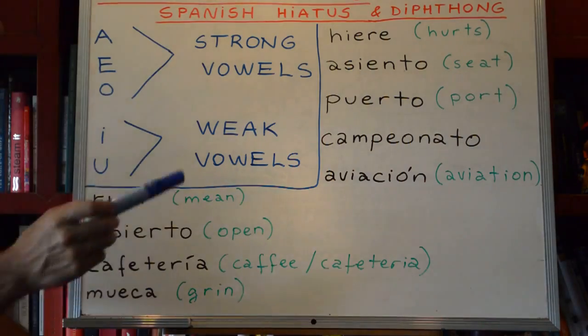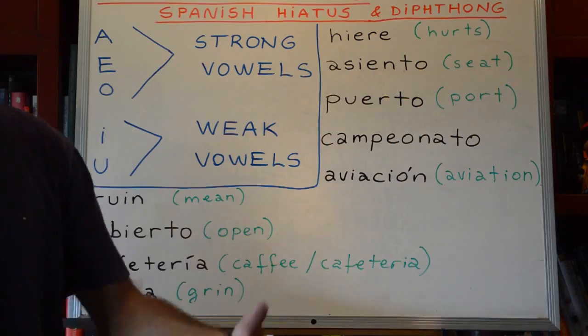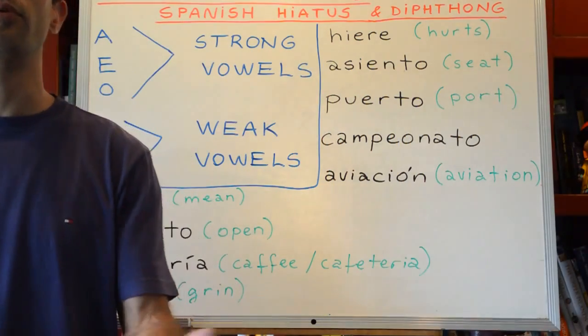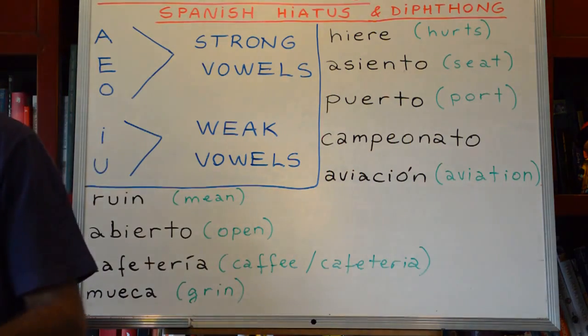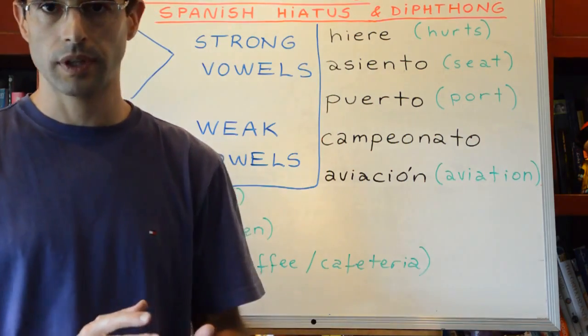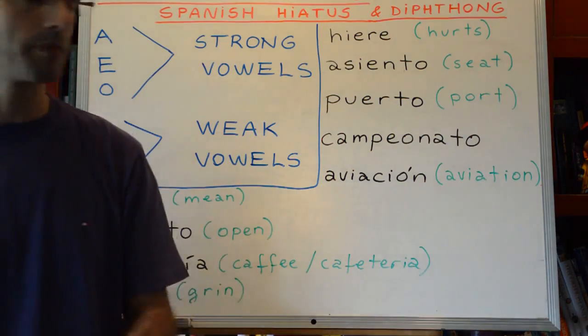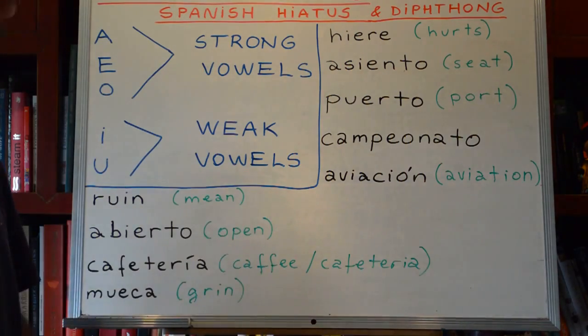So we have a weak vowel together with a strong vowel. Now we have to remember the rule we learned in the previous lesson. A weak vowel cannot be separated from the strong vowel when we separate in syllables. Why? Because it's weak and it needs the stronger one.